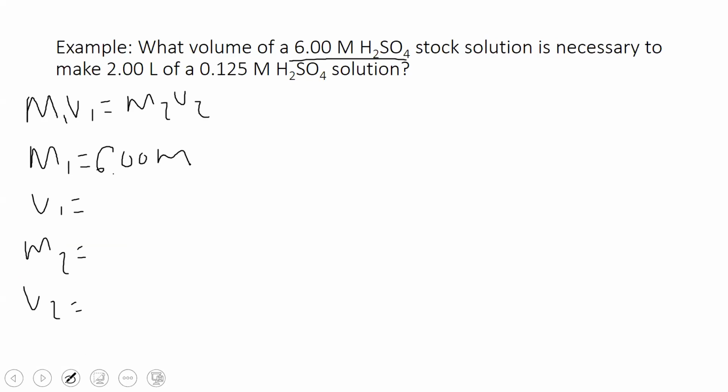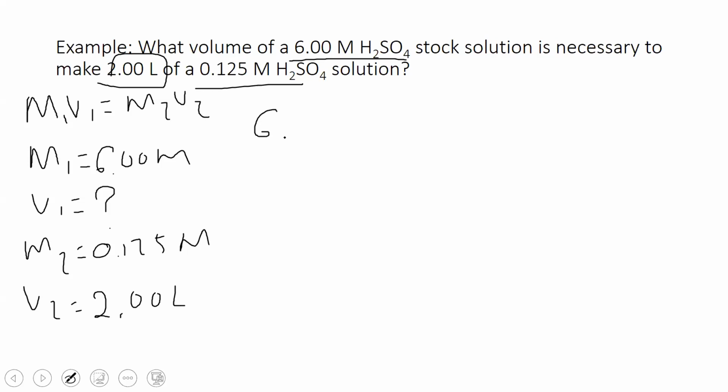V1, well, it says what volume of that stock solution, so that's what we're looking for. M2 is 0.125 molar, that's this concentration here that we want to target. And V2 is the volume that we have there, 2.00 liters.